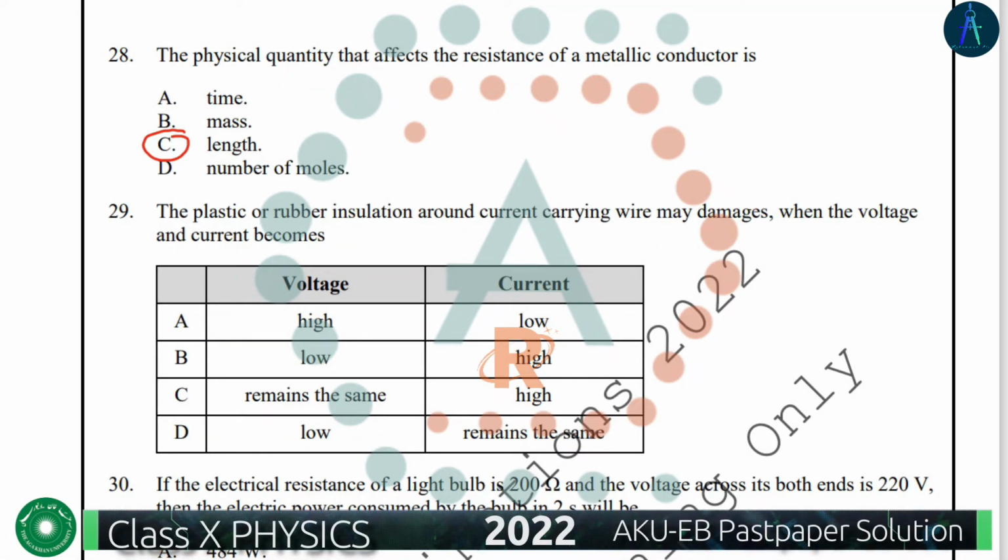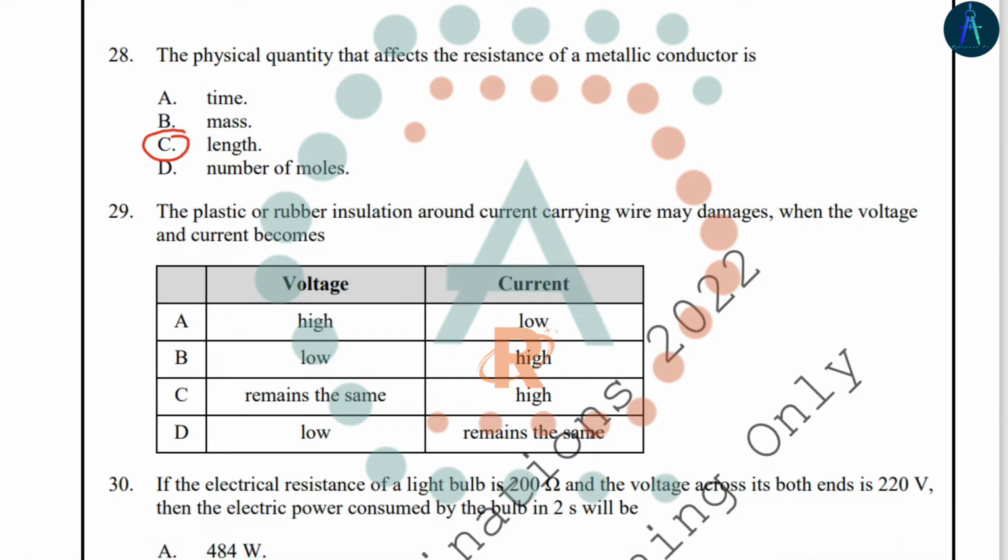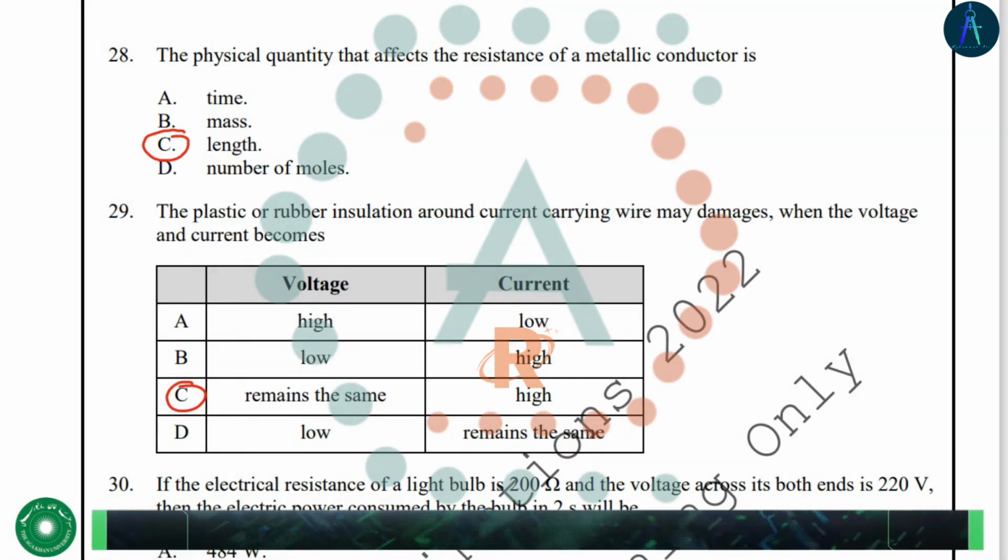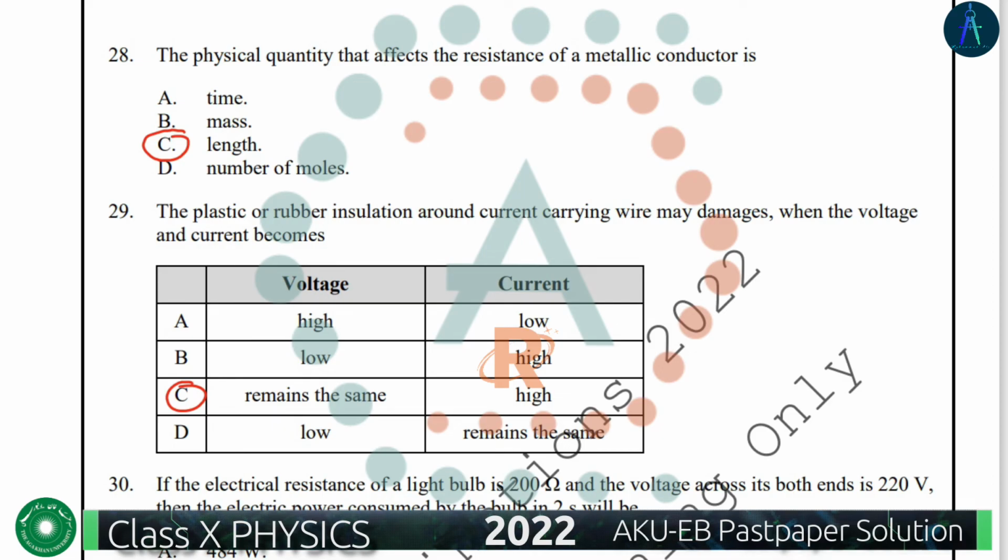Question number 29. The plastic or rubber insulation around a current carrying wire may be damaged when the voltage and current become. Option C is the right answer for that question, because the voltage of the charge doesn't affect or damage the insulation.